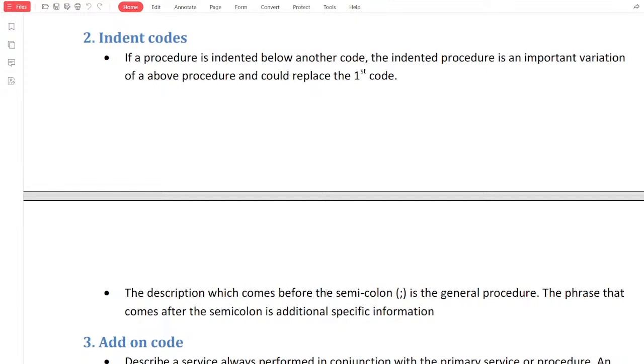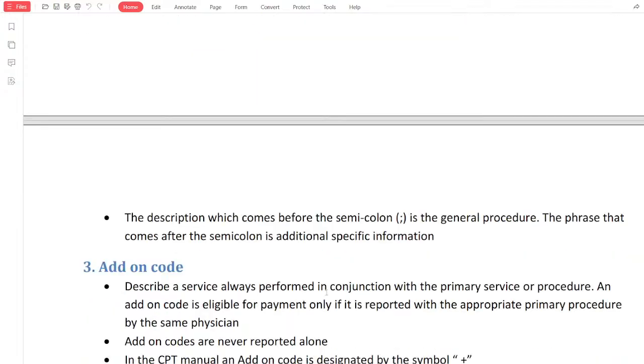One code is there and another is indented below it, and these are called indented codes. In your textbook, or take any code, you can see the semicolon is put before the description. So this is the general procedure, and the phrase after the semicolon is additional specific information. This type of code is called an indented code.